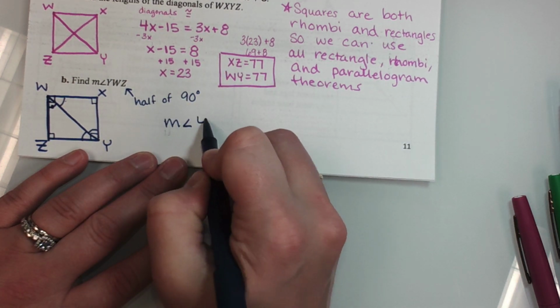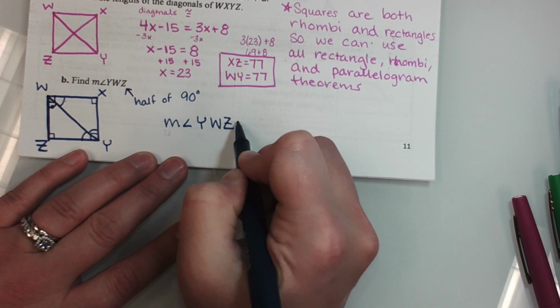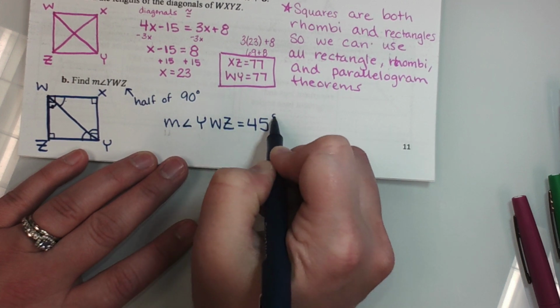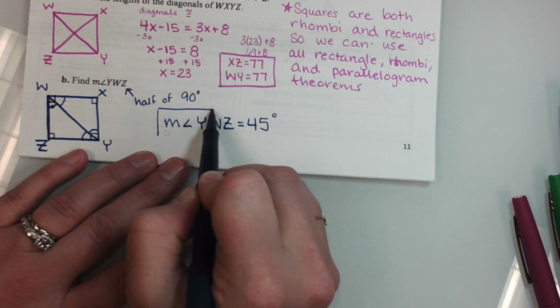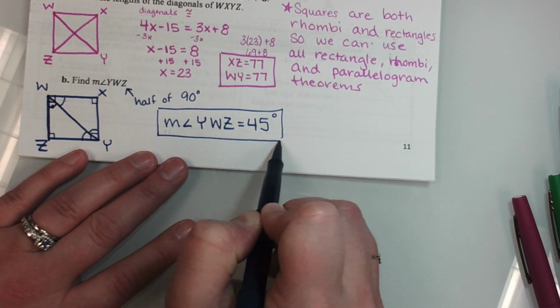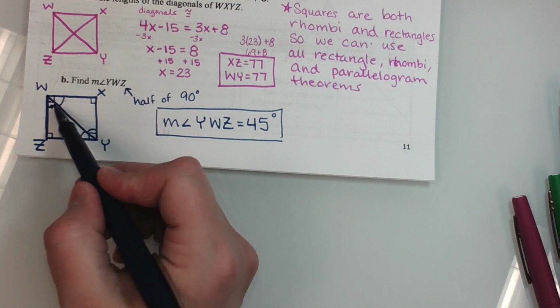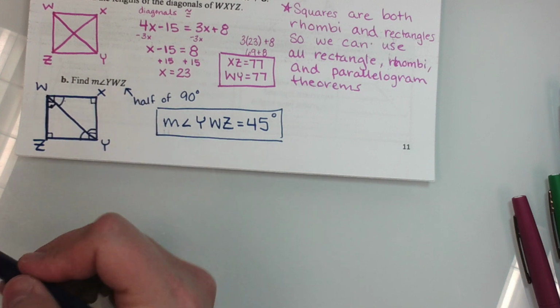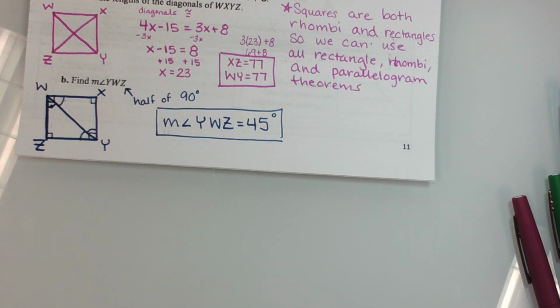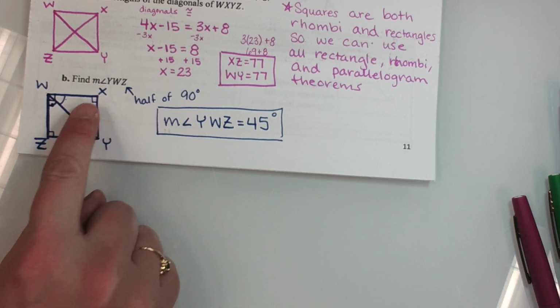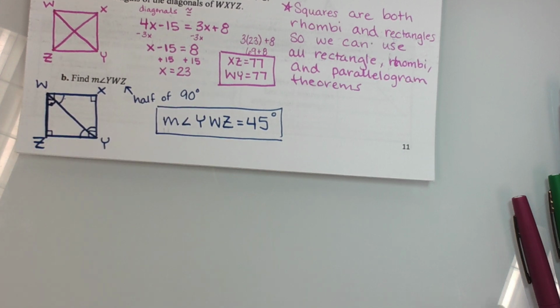Measure of angle YWZ equals 45. In fact, all of those little angles are 45, not only based on this diagonal, but the other diagonal going in would also have been the same thing, because those were also 90-degree angles that were cut in half.